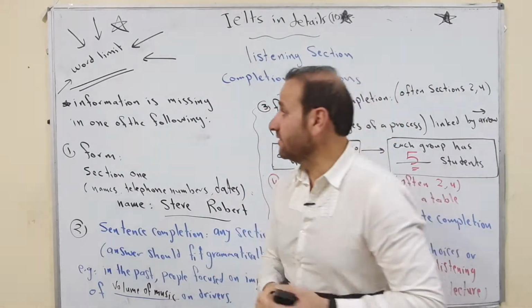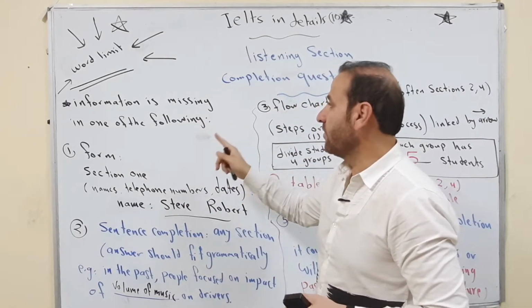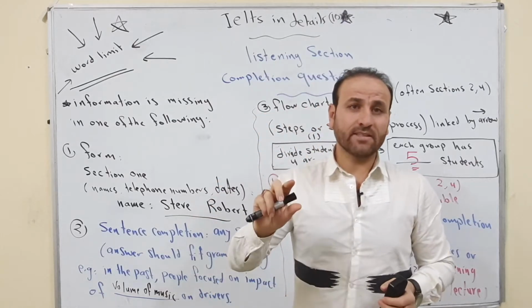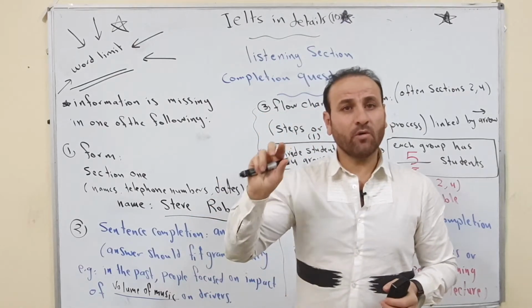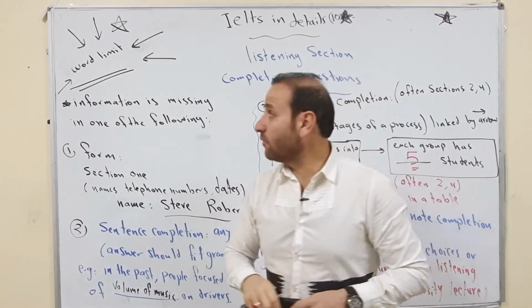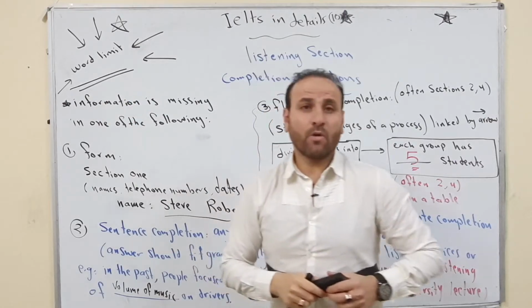Here we start. Information is missing in one of the following. So the spaces or the blanks will come in one of these forms, one of these types. Of course, I want to focus on one important thing, which is the word limit.